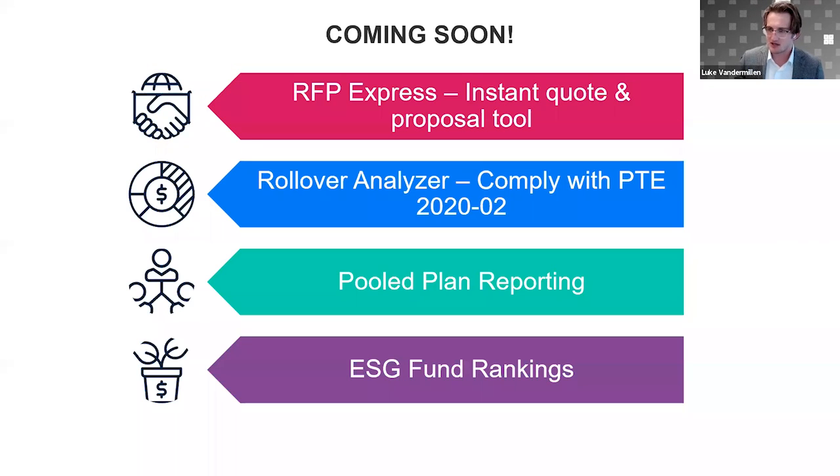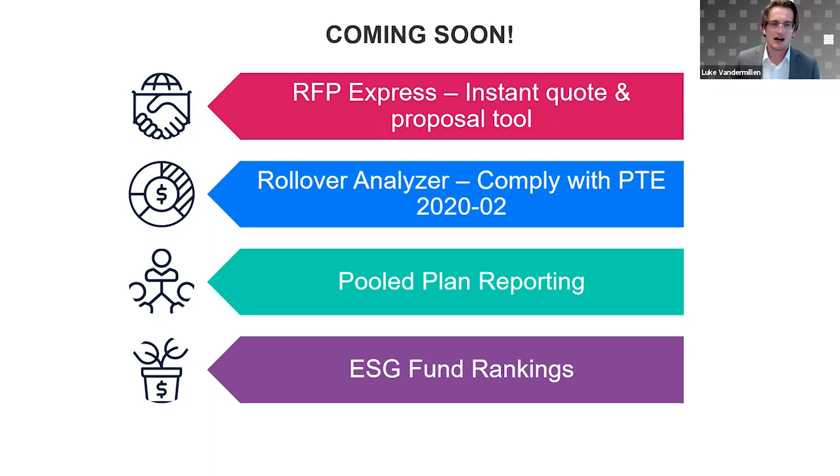Just to wrap up, a couple of things are coming later this summer and later in 2022. RFP Express, which is going to be part of the plan fee benchmarking suite, is an instant quoting and proposal tool.